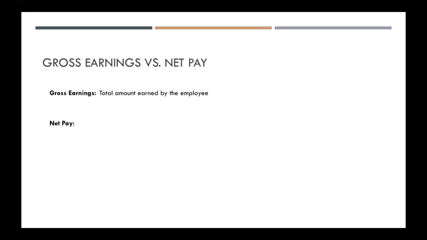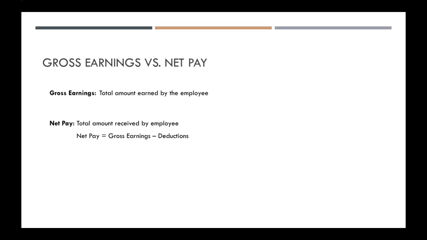But your gross earnings isn't necessarily your net pay, right? Because your net pay is the amount that you're actually going to be receiving. And so that's going to take out any kind of deductions. So any kind of taxes, any kind of union dues, health insurance, any kind of deductions get subtracted out from your gross earnings in order to find your net pay.